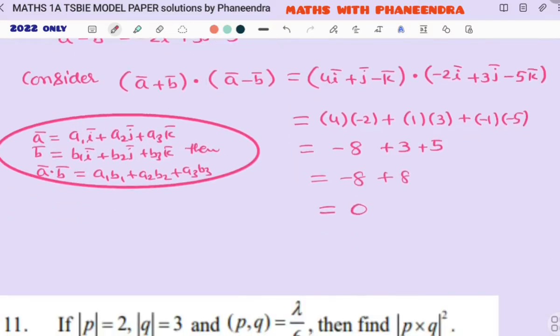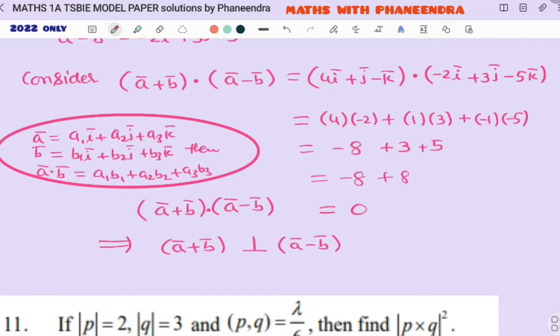So the dot product of the two vectors is 0. So A bar plus B bar dot A bar minus B bar equals 0. That implies that A bar plus B bar is perpendicular to A bar minus B bar. Hence proved, or hence the result.